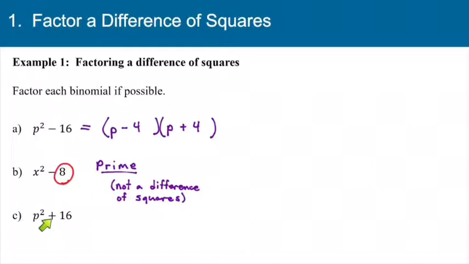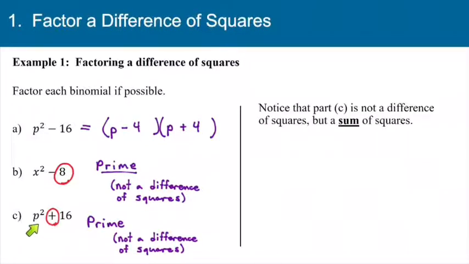And now let's look at part C. Here we have p squared plus 16. Now this is not a difference of squares either because remember, difference of squares means we have to have square minus square, but this is a plus. So this is also going to be prime because that expression is not a difference of squares.